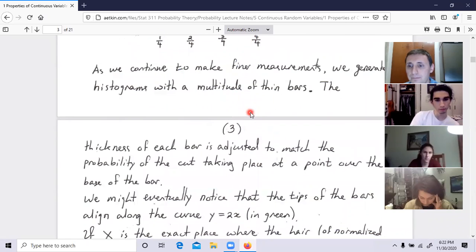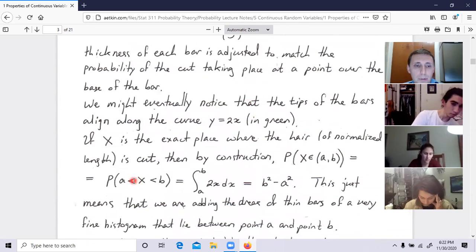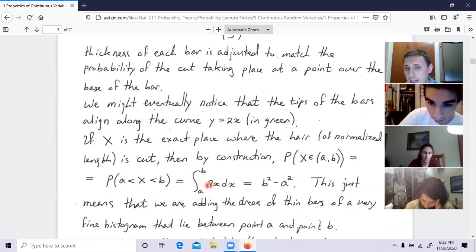You understand? So the probability that x is between a and b is then the integral from a to b, because all you do is add up the areas of the rectangles. What is this saying? What is the sum? Add up the rectangles that are positioned between point a and point b on the interval. Each typical rectangle like this, if you measure it at position x, its elevation is 2 times x, and its width is dx.